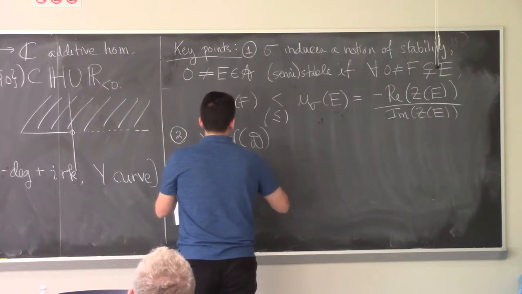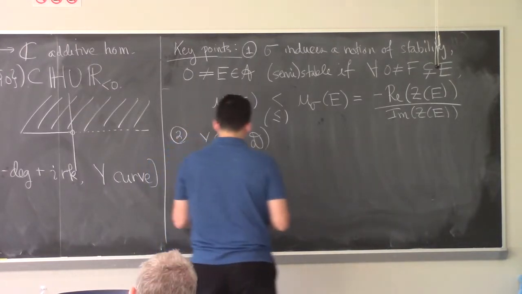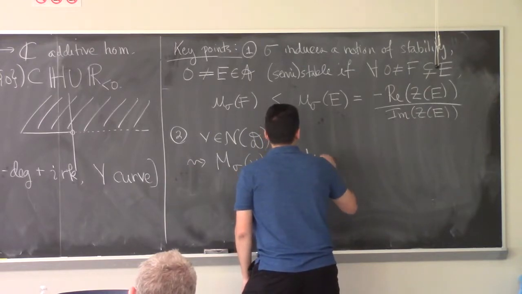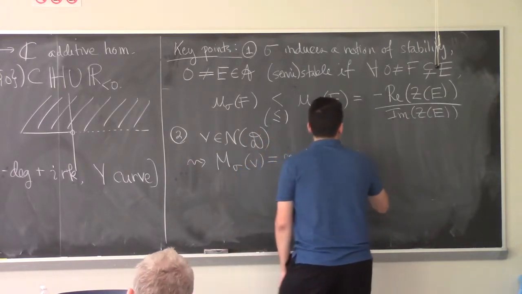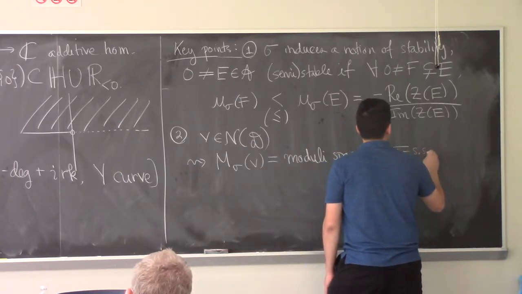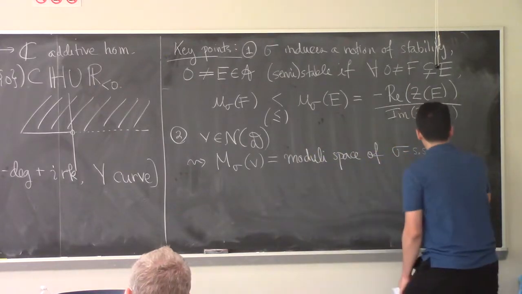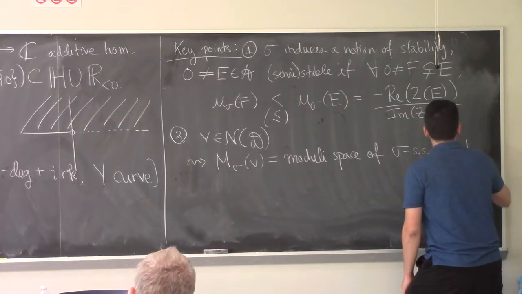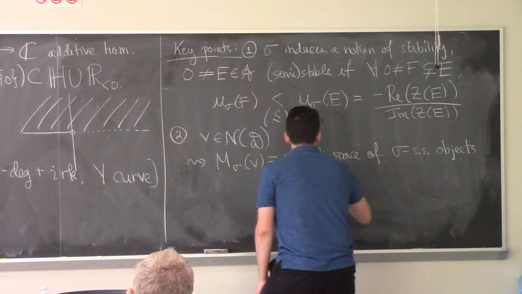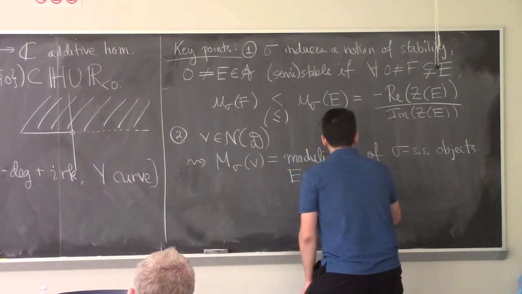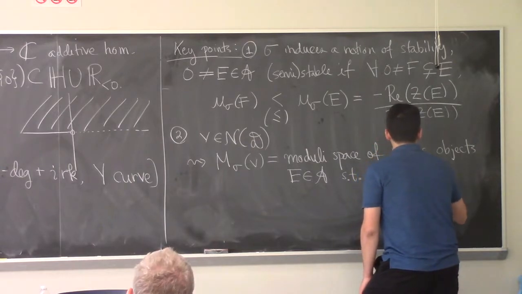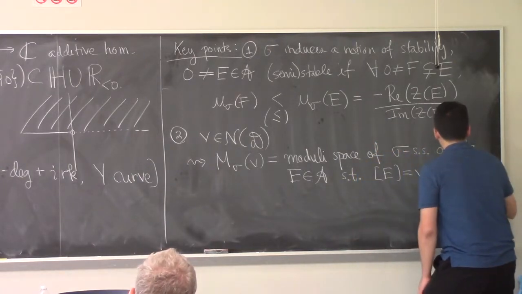We can consider M sub sigma of B, the moduli space of sigma semi-stable objects E in this category A, such that the class of E is equal to B in this numerical Grothendieck group.